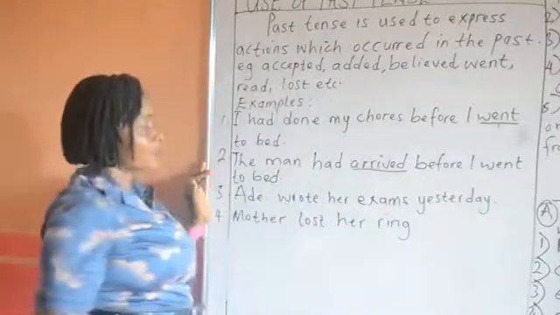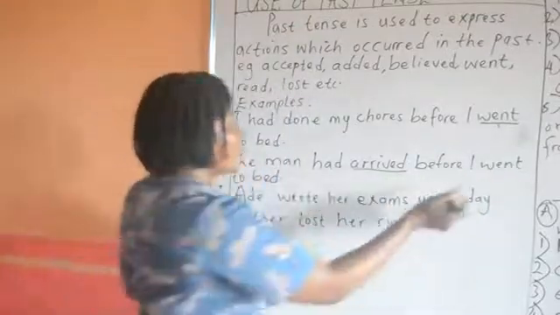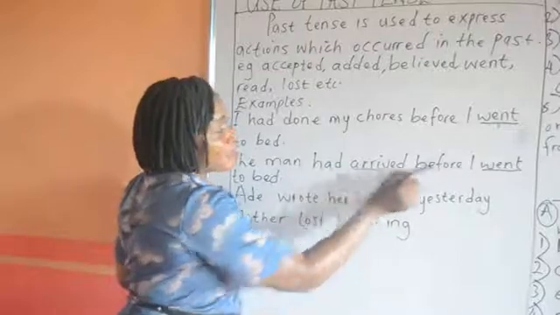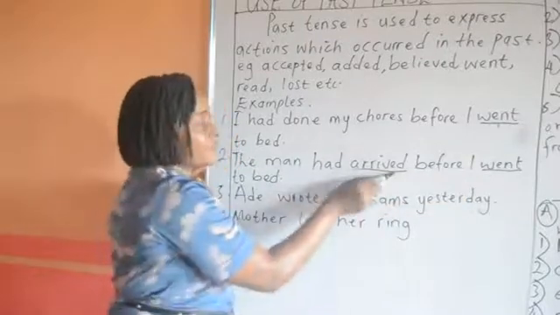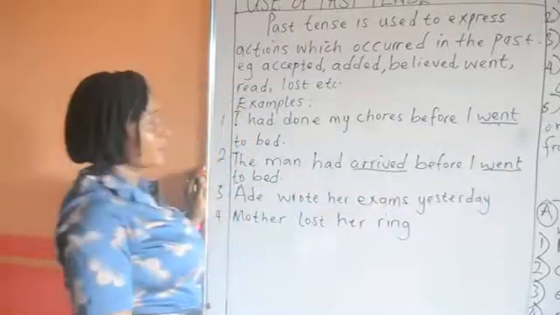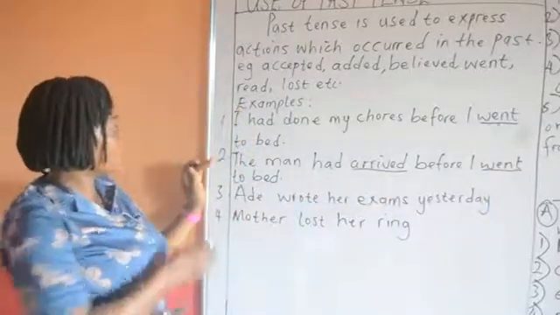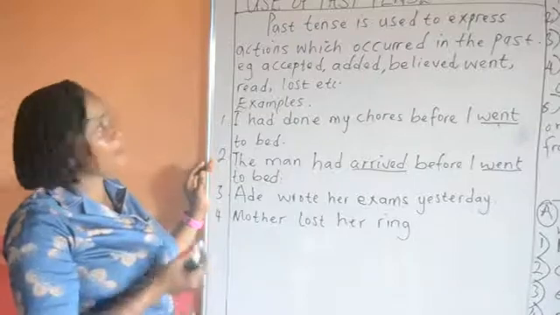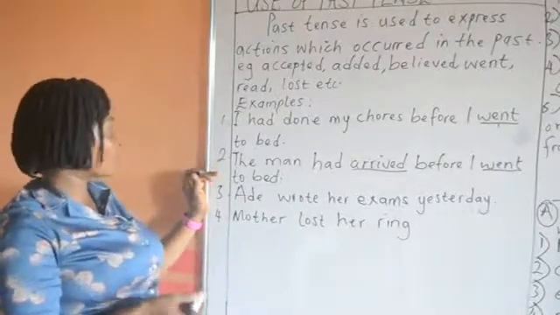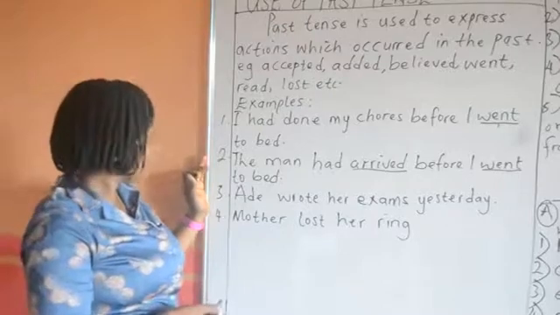So we can go with this, and we can also go with this. Why? Because both of them are past tenses. Arrived has ed, and went has t with it. So both of them are past tenses, so we can pick them.